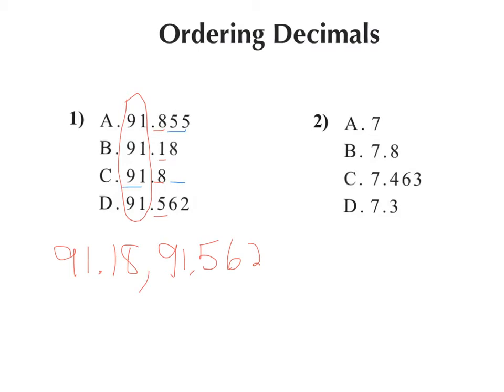But this one doesn't have a hundredths place. So we can always add a 0 to put in the place value because it does not change the decimal. It's an equivalent form of the decimal. Now I can look, 0 is less than the 5/10 up there. So I know that 91 and 8/10 would come next, and last would be the 91 and 855 thousandths.